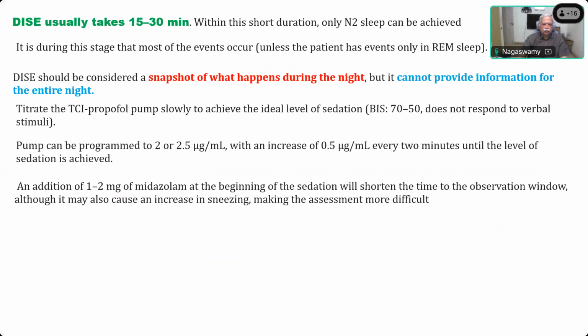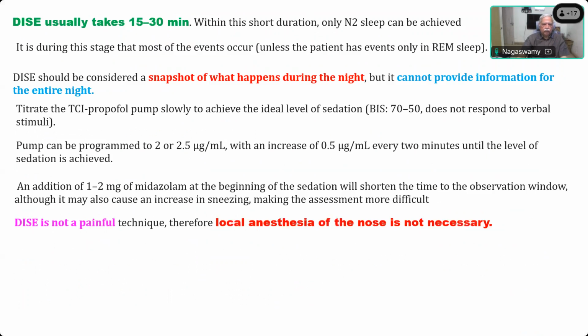The addition of 1 to 2 milligram of midazolam at the beginning of the sedation will shorten the time to the observation window, although it may also cause an increase in sneezing, making the assessment more difficult. In DISE, because it's not a painful procedure, no local anesthetic spraying of the nose is necessary, and nasal decongestant usage like Otrivin or Nasivion is not required.